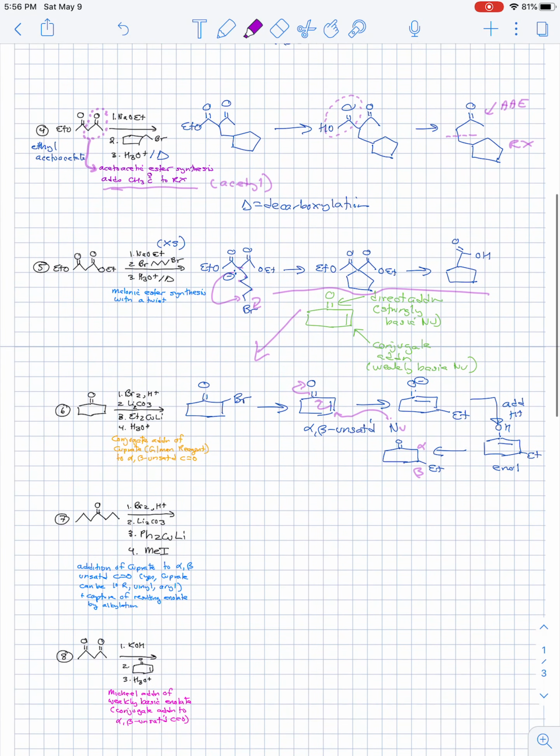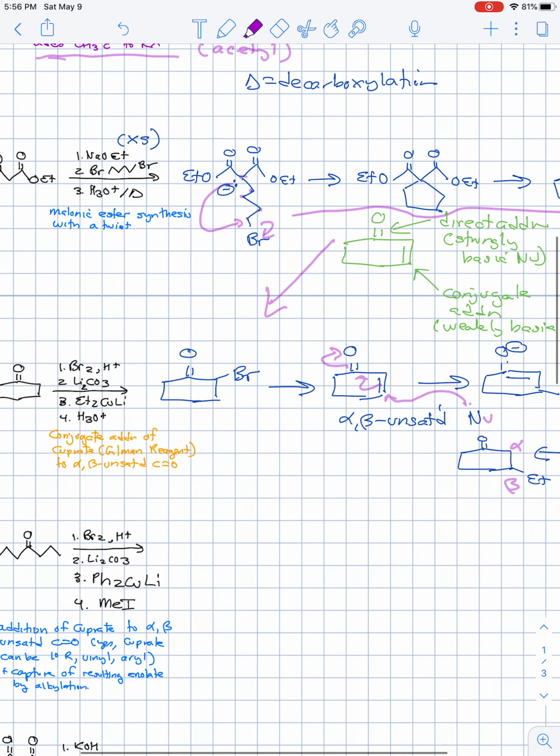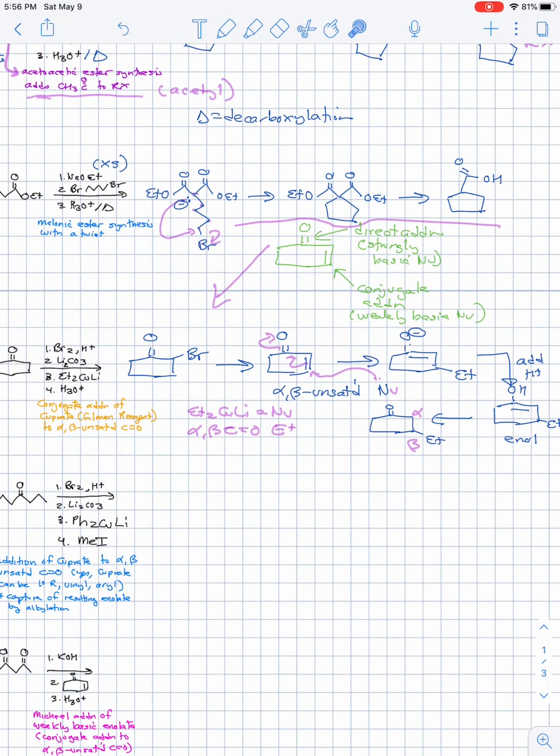Whereas if we go back down here, the alkylating entity is the nucleophile, and the alpha beta carbonyl is the electrophile. So this carbon-carbon double bond is acting as an electrophile because of its adjacency to this carbonyl.